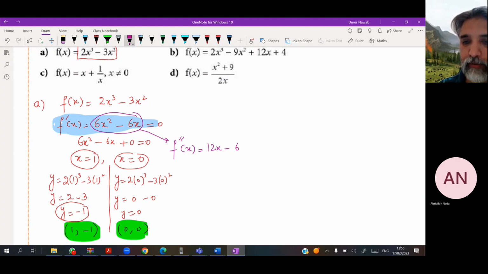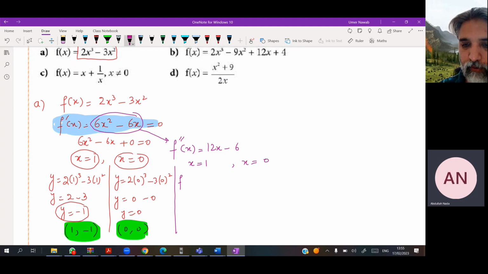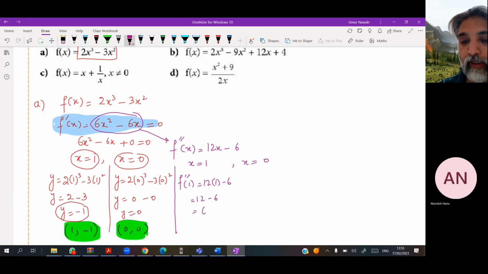Now substitute the values of x one by one, 1 and 0. So f double dash of 1 is 12 times 1 minus 6. 12 minus 6 will give us 6. And this is a positive answer. It means this point is a minimum point.